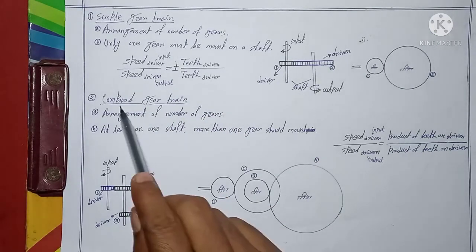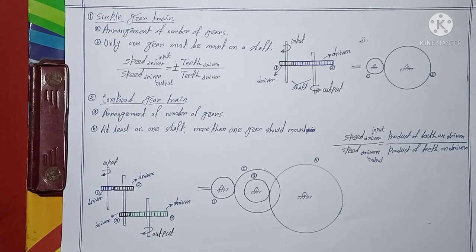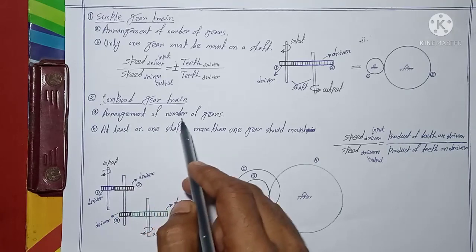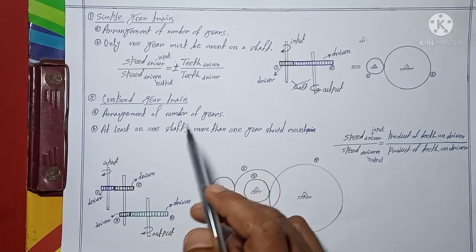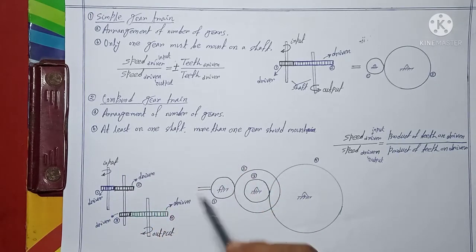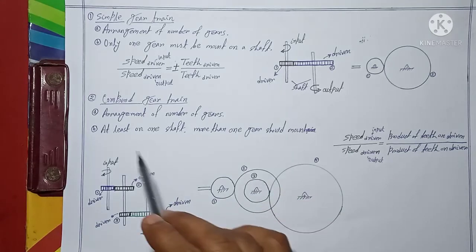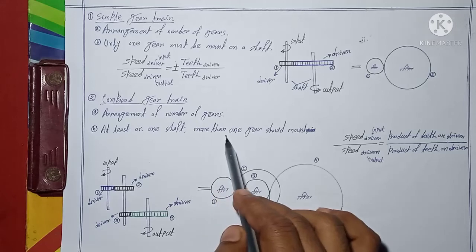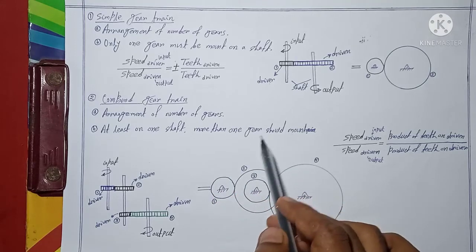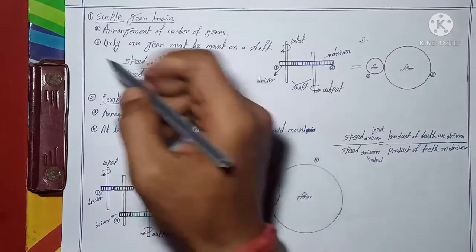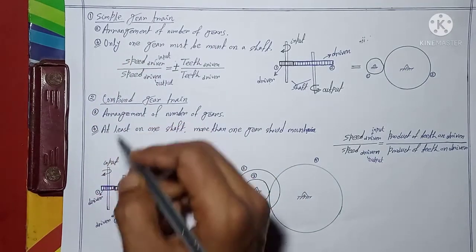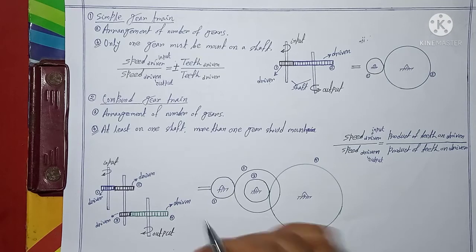Next is the compound gear train. In the compound gear train, obviously some changes will be there. The first property is the same: an arrangement of a number of gears; here also a single gear cannot be there. The second one is that at least on one shaft more than one gear should be mounted. So property B for the simple gear train and property B for the compound gear train are simply opposite to each other.